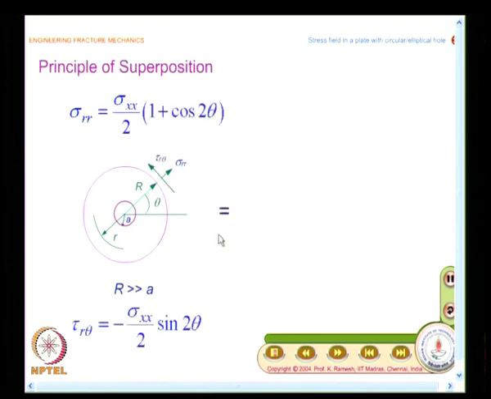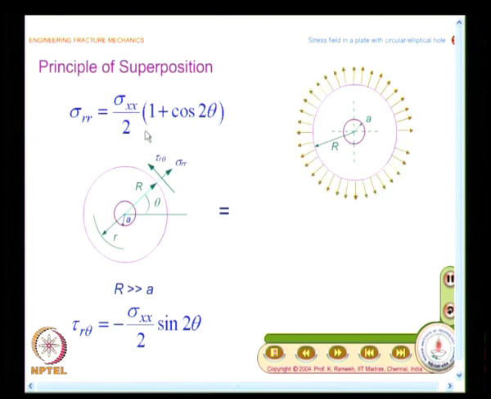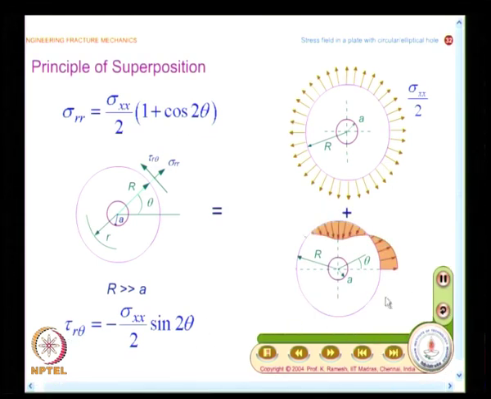So, from the expression we would be getting sigma RR as sigma XX divided by 2 into 1 plus cos 2 theta, and then tau R theta as minus sigma XX by 2 sin 2 theta. I think you can take some time to plot this nice picture.